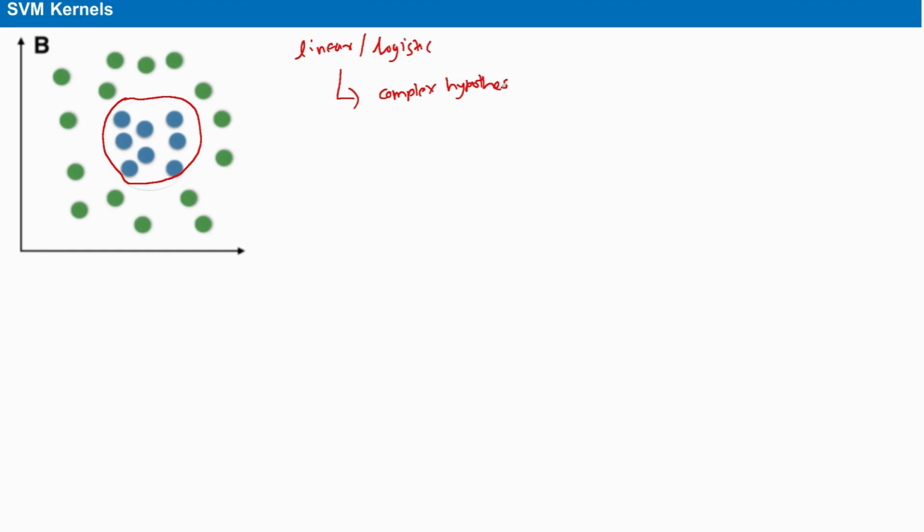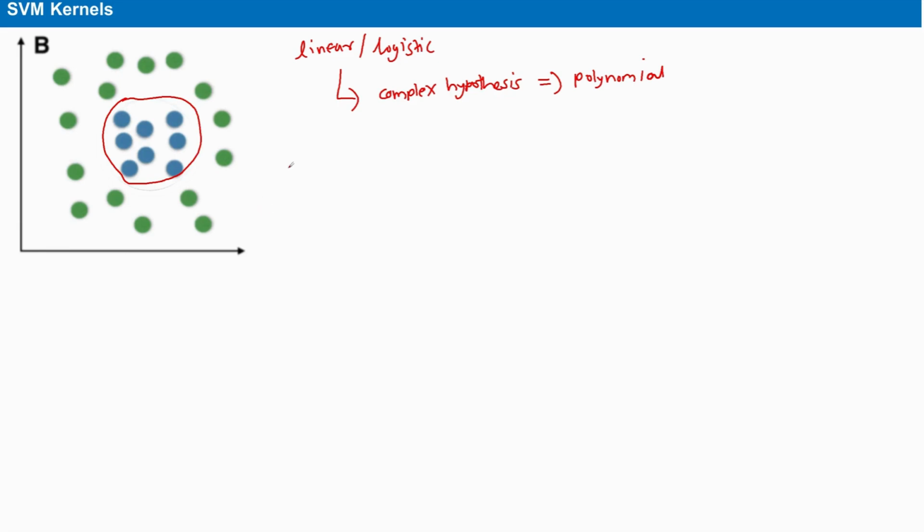What does this complex hypothesis mean? Instead of using the linear terms, you need to use some polynomial terms in your hypothesis. Then only can you achieve this non-linearity.